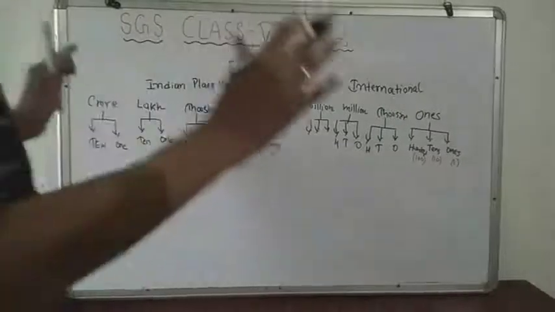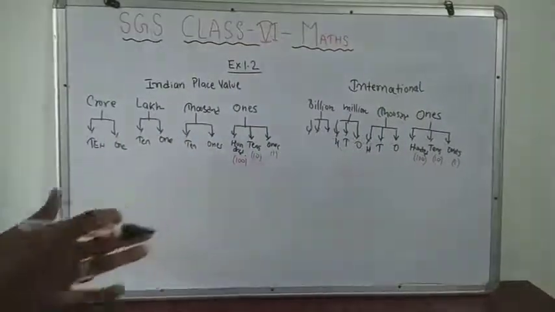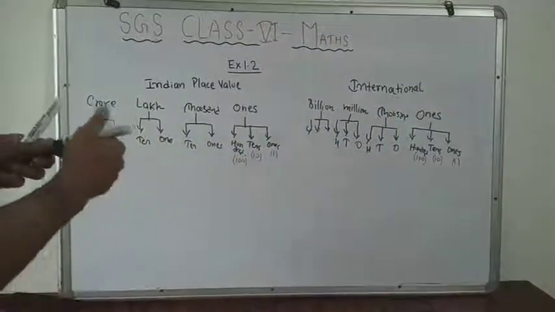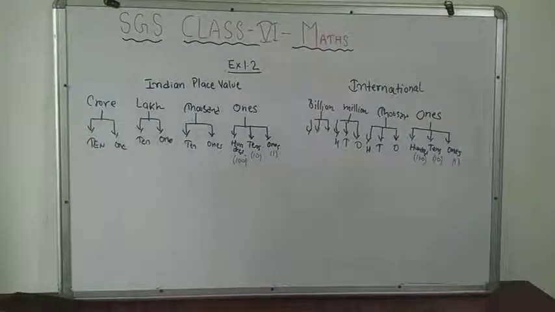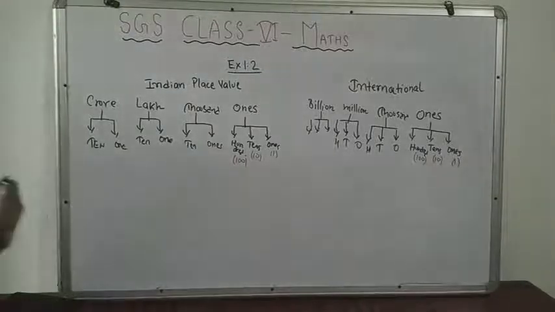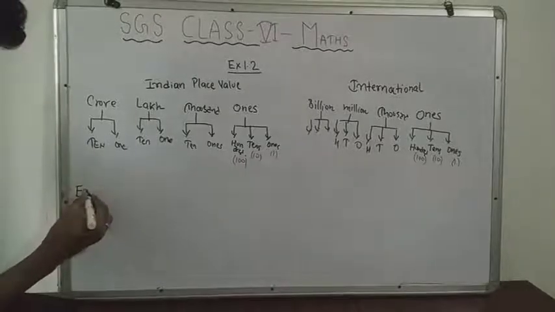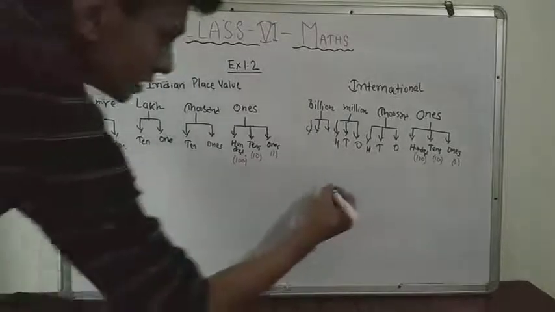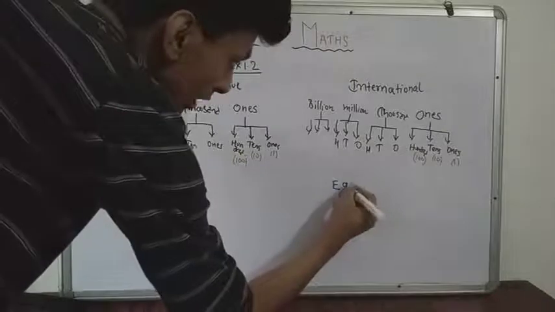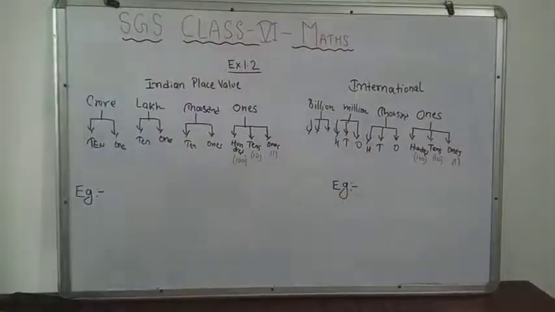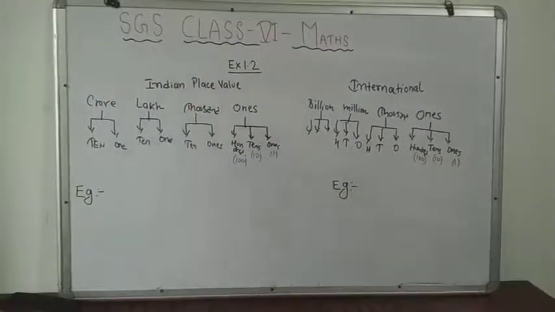Now after knowing all this chart representation, you have to know how we can read a number in international as well as Indian. So I am going to write down some examples in both so you can easily understand. Look carefully and try to understand what I am going to tell you.